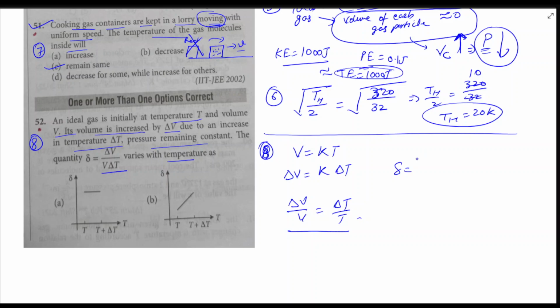So delta V by V divided by delta T is delta T by T divided by delta T. Delta T will get cancelled, so it is simply 1 by T.